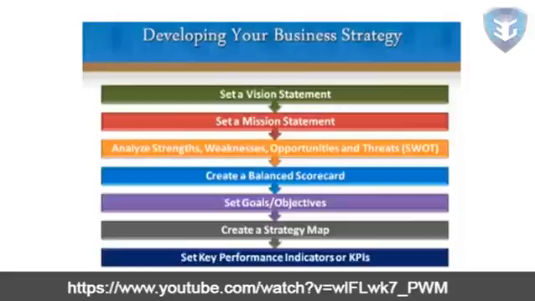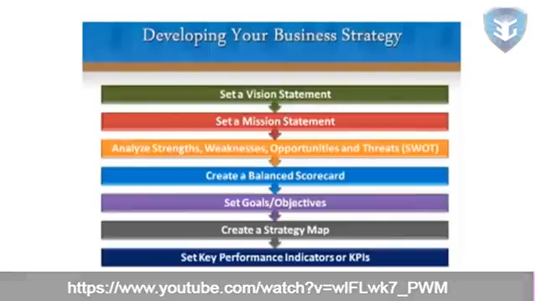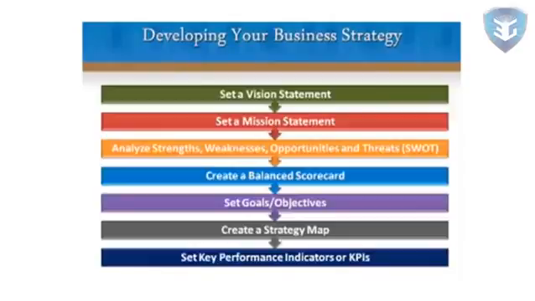A strategy map is an illustration that enables you to link actions or objectives into a coherent, logical structure that shows the cause and effect link between objectives or actions in your business. And lastly, number 7, KPIs, or key performance indicators, are financial and non-financial metrics used to help your organization define and measure progress towards your goal.